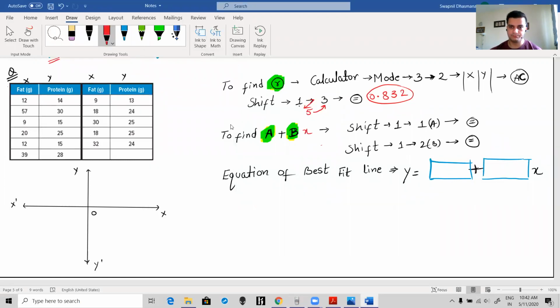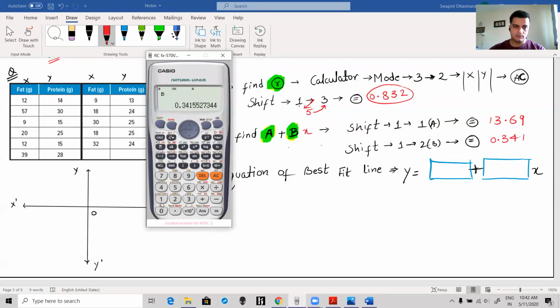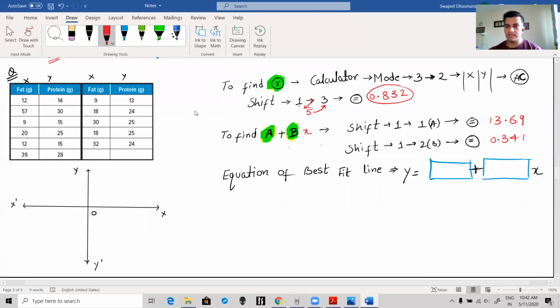So the B value is 0.341. And A is 13.69, I think. 5, 1 equals. Yeah.